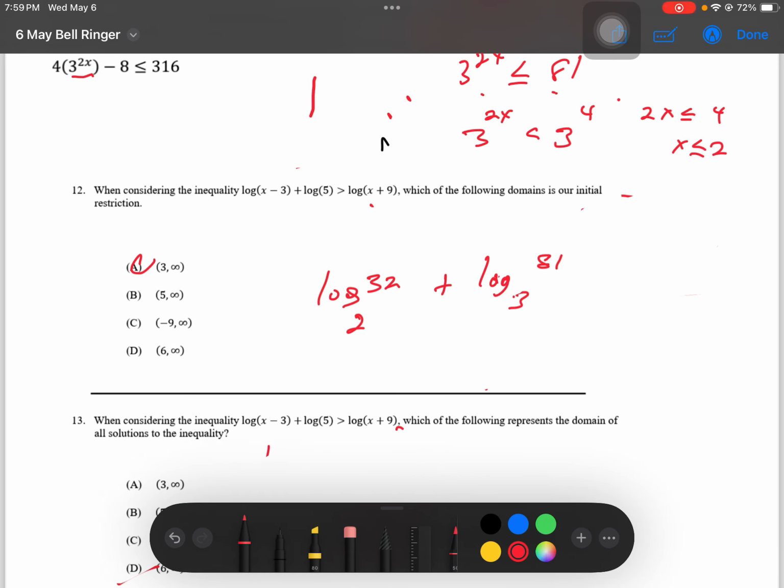Now, you can't condense it, all right, because they're different bases. So what you got to do now is work them separately. This right here, the first term, right? Some of you can probably see the answer, right? It's going to be 5.